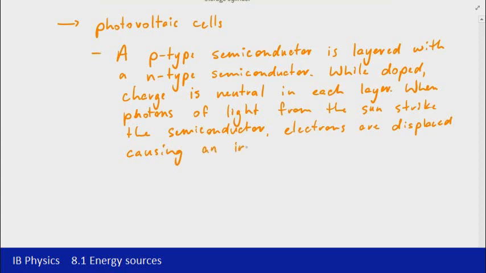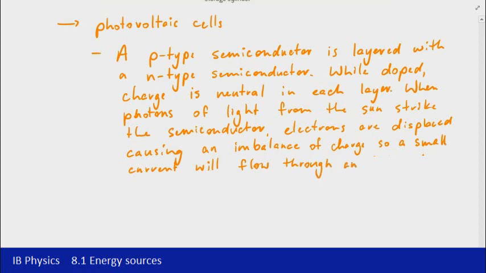And as we know, whenever we have an imbalance of charge, with a lack of charge in one area and an excess of charge in another, we're going to see an EMF, and in this case we'll also see a small current through an external circuit. So by using sunlight to displace electrons, we can convert solar energy into electrical energy.